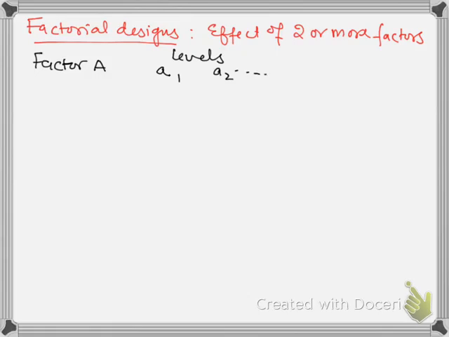Let me make it a little bit more general. So I have level 1, level 2, and level A, the Ath level. So it has A levels, and then I have another factor, factor B, and later you can generalize it for several factors, and that has levels K1, K2, KB.